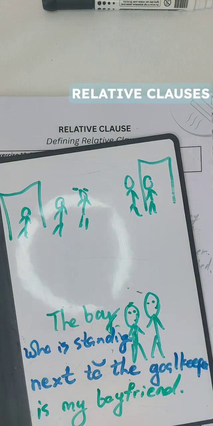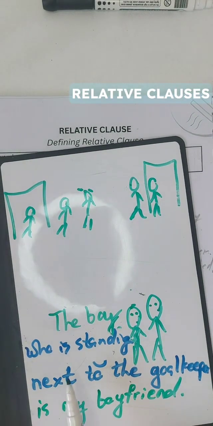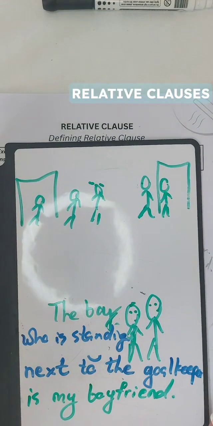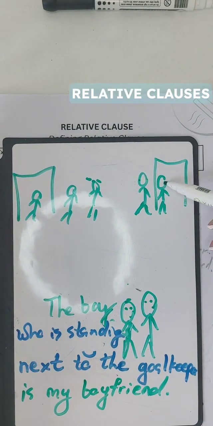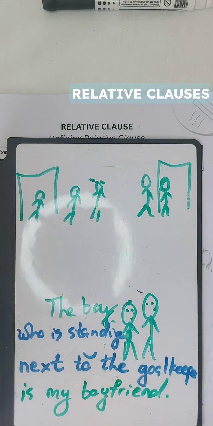Okay. The boy who is standing next to the goalkeeper, this one is a goalkeeper, right? Is my boyfriend. Can you understand now which one is my boyfriend? The boy who is standing next to the goalkeeper is my boyfriend.